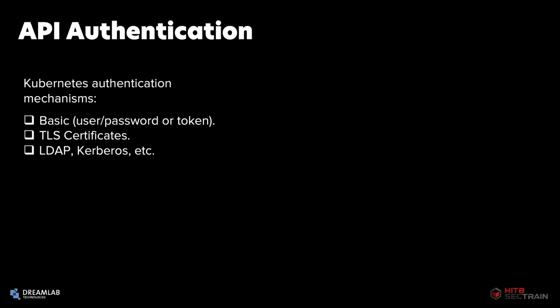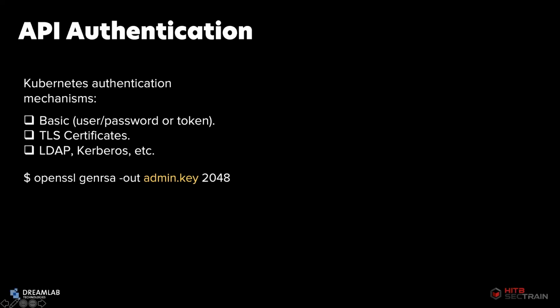Though, depending on the size of our organization, it may be more convenient to use LDAP, Kerberos, or similar systems. But if we want to use TLS certificates, it's pretty simple. We just need to execute 3 commands.